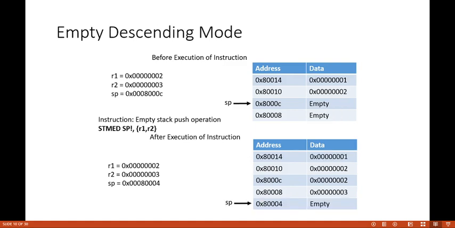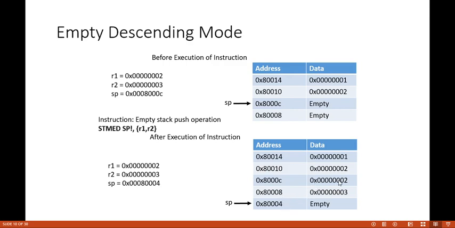The next one is empty descending mode, STMED. Sorry, the previous one should be STMEA. This should be STMED. Here, again, the current location is empty, but instead of ascending, it is descending. It means it will go on decrementing. Initially it was C, then it will decrement by 4, it will become 8, then it will decrement by 4, it will become 4.